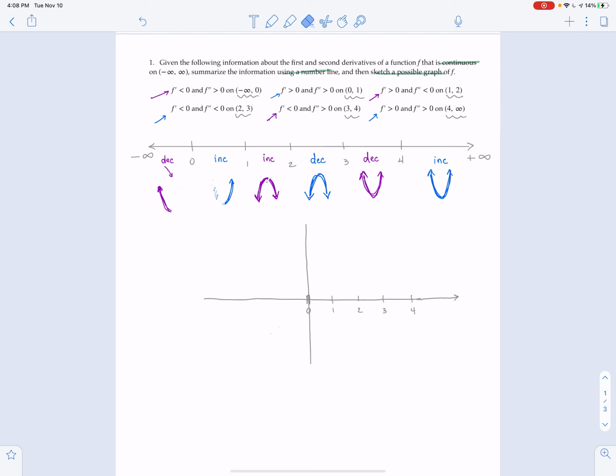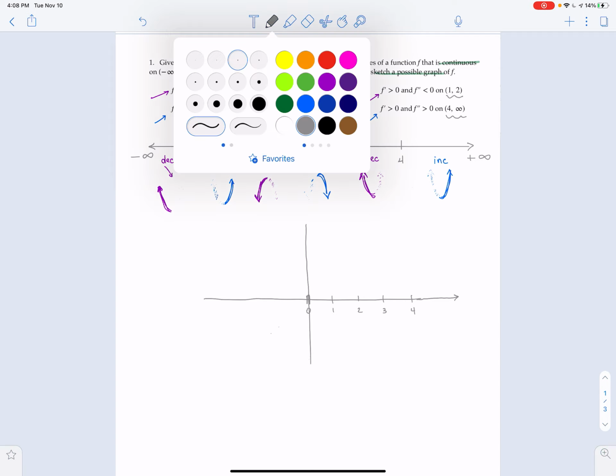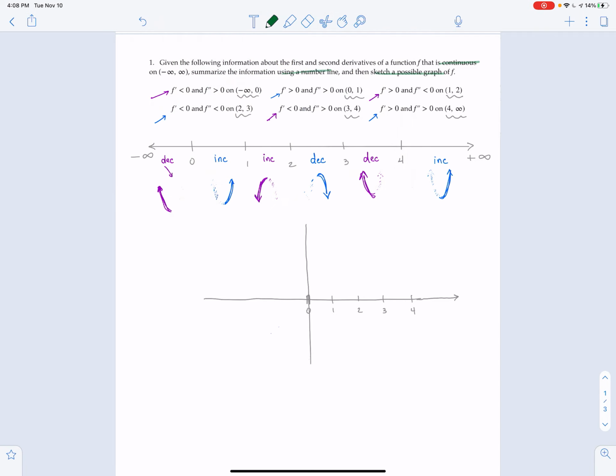You can see what become the different pieces of our sketched graph. I am just erasing the part of the concavity that doesn't make sense given the information for my first derivative.